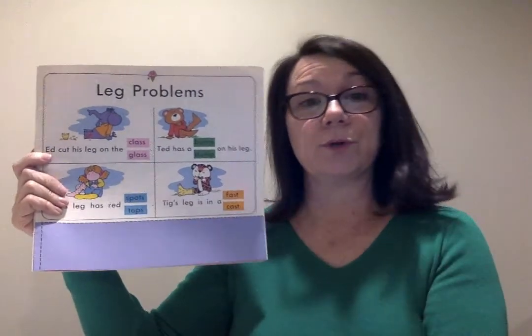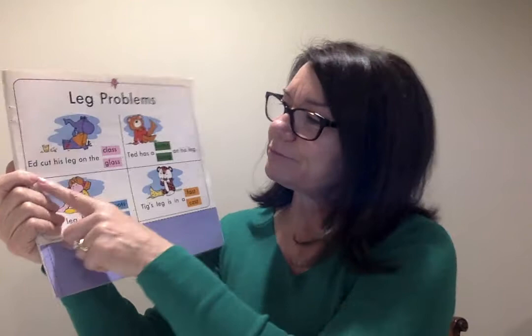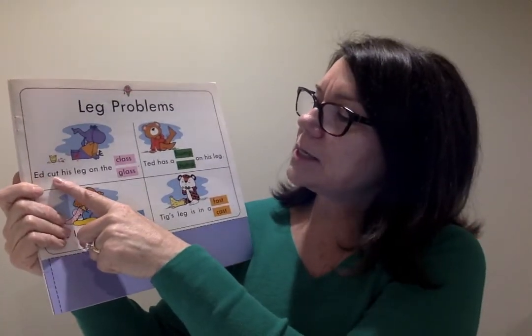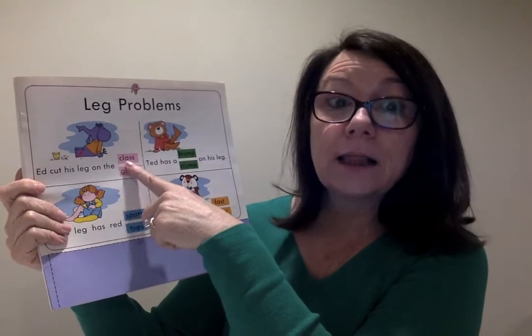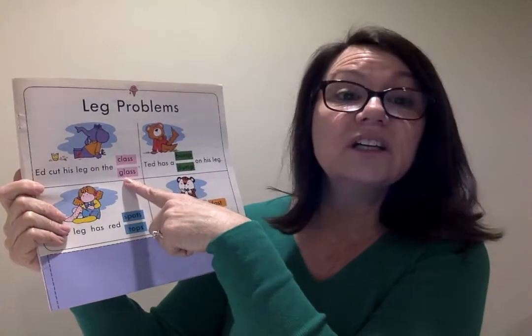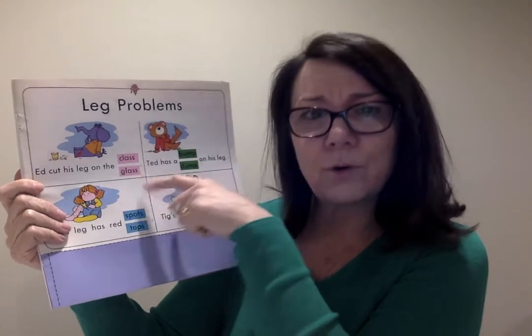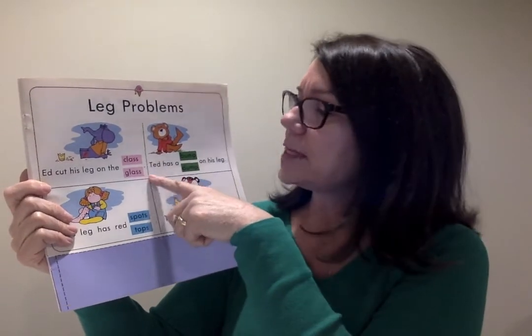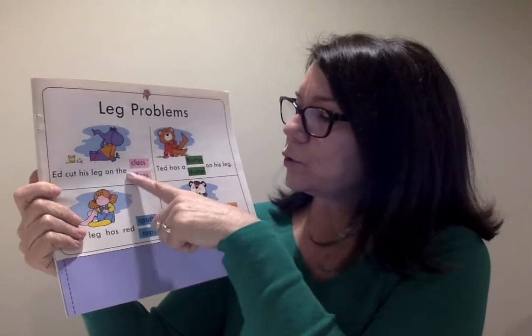We're going to read these three together. We're going to do the first one together, but I want you to do the rest independently. Ed cut his leg on the glass or the glass. Do you cut your leg on a class or a glass? The answer is glass. So we'll circle glass.